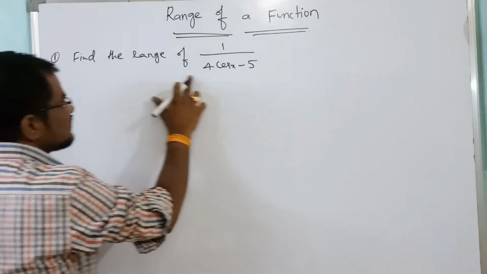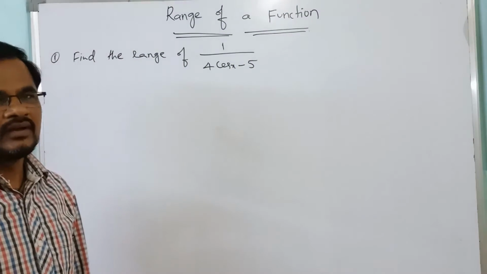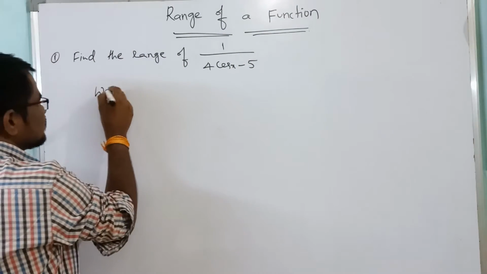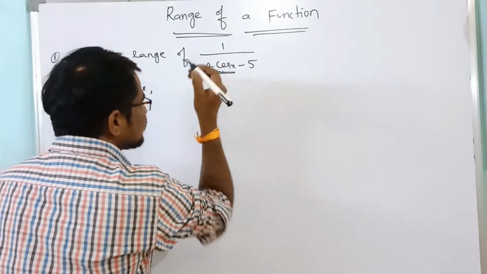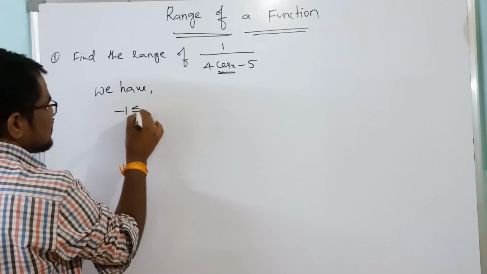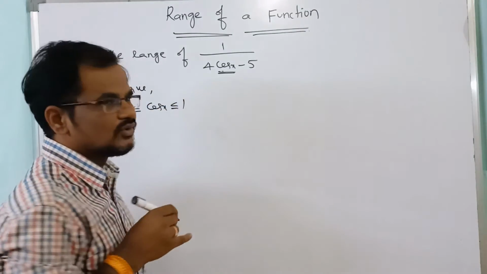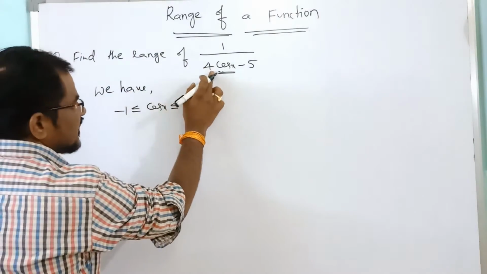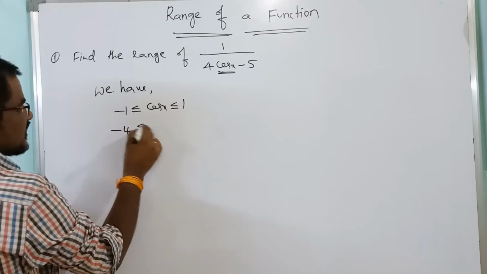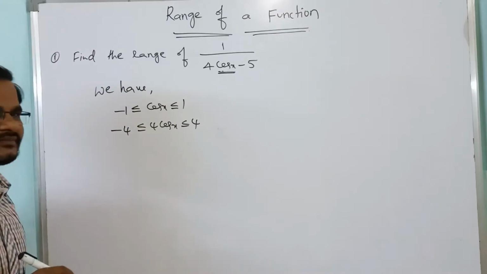Find the range of 1 by 4 cos x minus 5. To find the range of this, first we know the range of cos x: minus 1 less than or equal to cos x less than or equal to 1. Now multiply with 4: minus 4 less than or equal to 4 cos x less than or equal to 4.